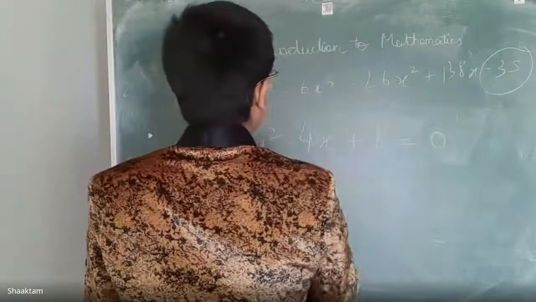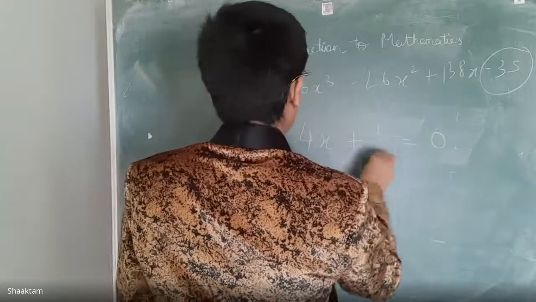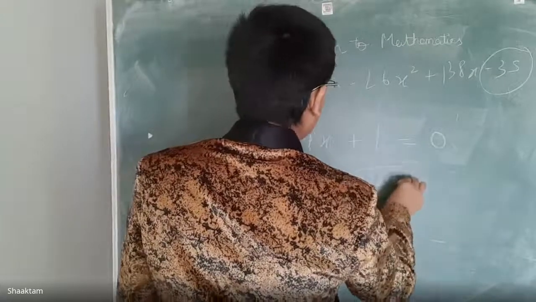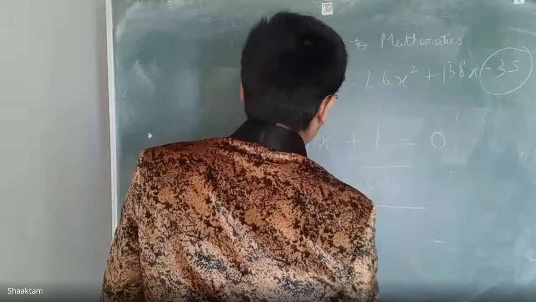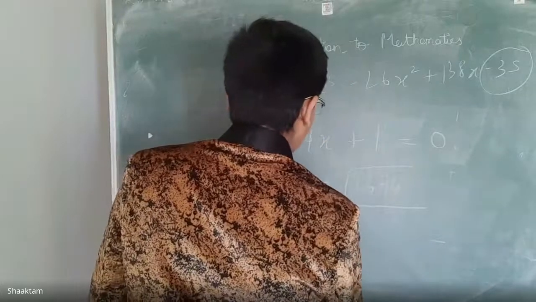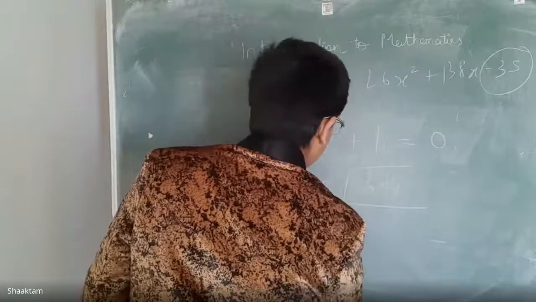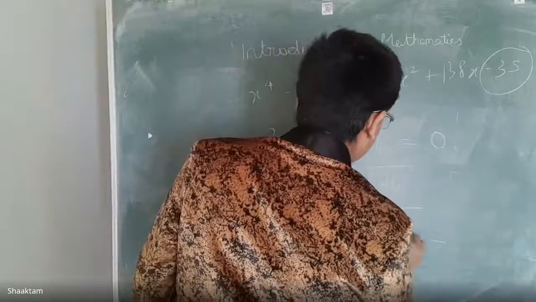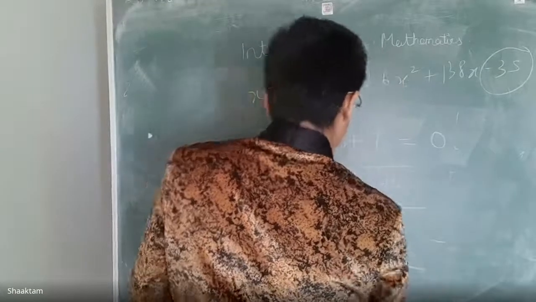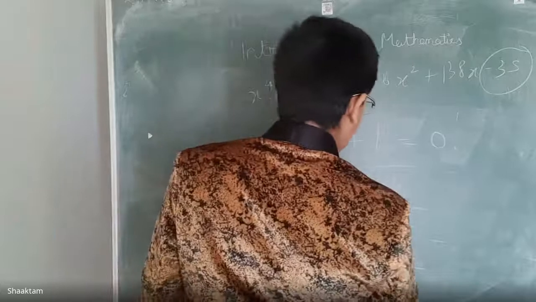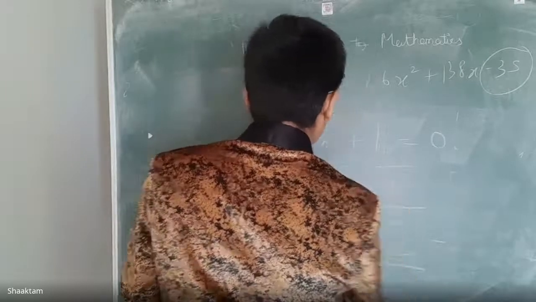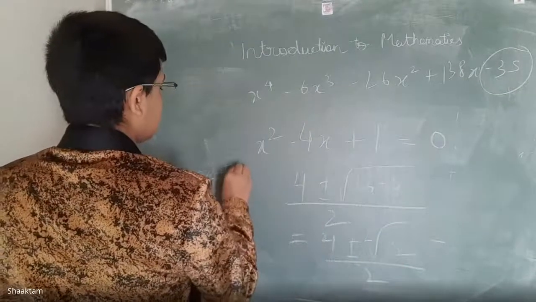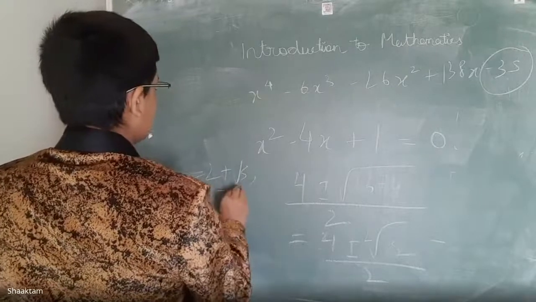Now here you can determine the roots: 4 plus or minus root of 16 minus 4, divided by 2. You get 4 plus or minus root 12 by 2. Root 12 will be 2 root 3. So you get 2 plus root 3 and 2 minus root 3.